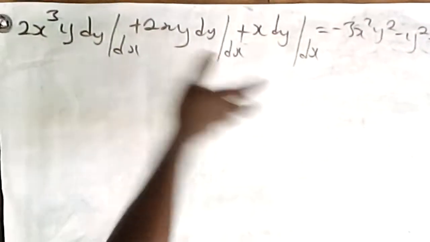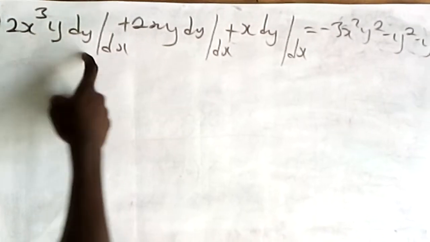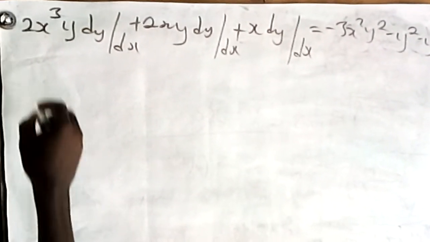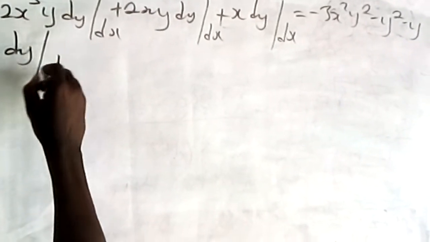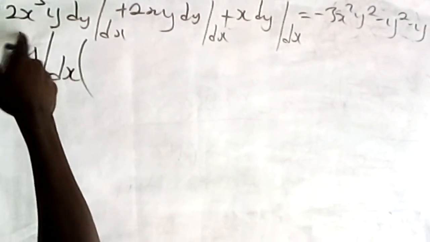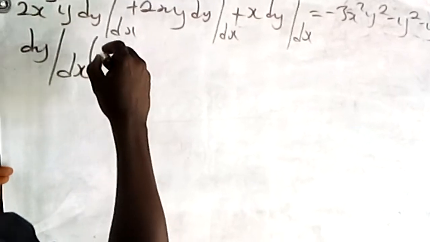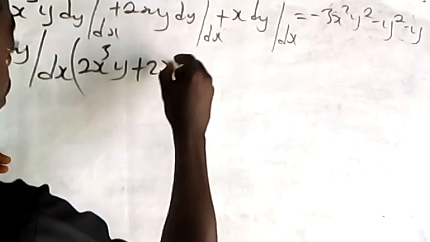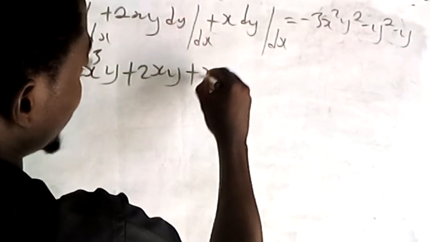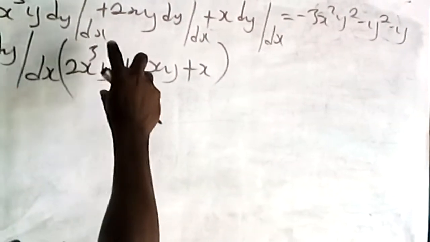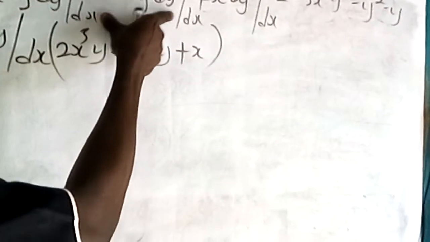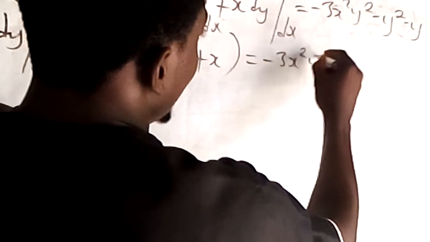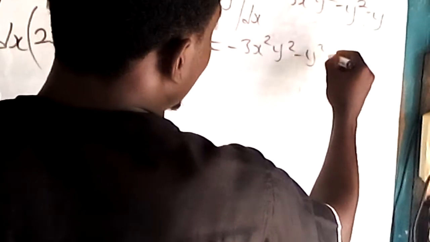Now we'll take out dy/dx. These three will come out because we are looking for dy/dx. So if I take out my dy/dx, I will put 2x cubed y plus 2xy plus x, because if dy/dx times everything, you should go back to this, equal to minus 3x squared y squared minus y squared minus y.